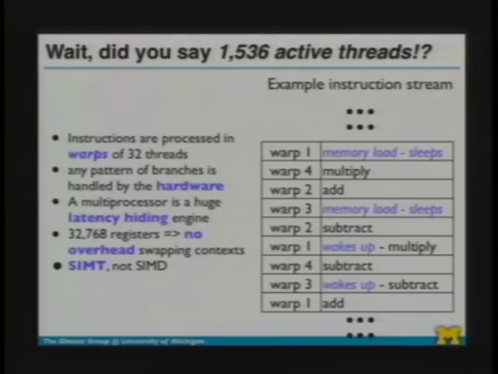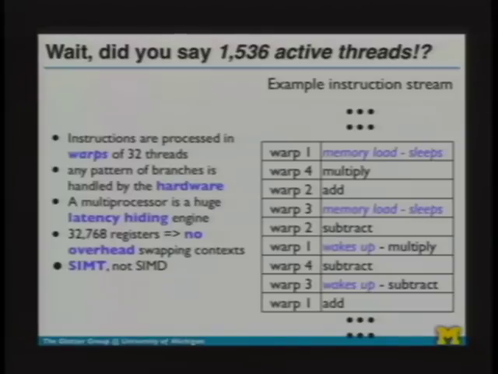You can have one warp go out and say, I need some memory from DRAM. And the memory controller says, OK, I'll go get it for you. Why don't you wait while I go get it? So that warp actually goes to sleep. Well, the clock keeps ticking, right? So there are more useful things the hardware can be doing. If there are other warps running at the time, they could use that clock tick to do a multiply or an add.